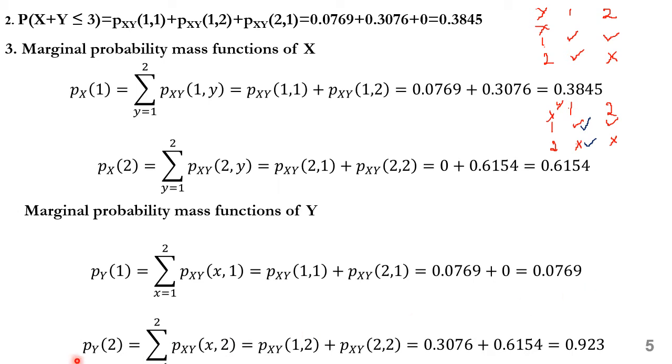And the marginal probability mass function of y at 2 is given by these two values you need to consider. So when we add those two values, we will get Py of 2. So we have here Pxy of 1, 2 plus Pxy of 2, 2, which will give us 0.923.